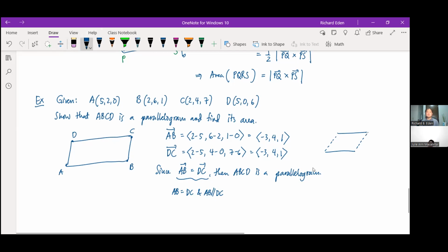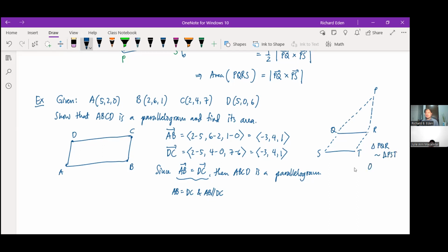Because what if the other two sides are not parallel? That means if they're not parallel, they're going to meet. Yes, okay. P, Q, R. Okay. So the triangle PQR would be similar to PST.